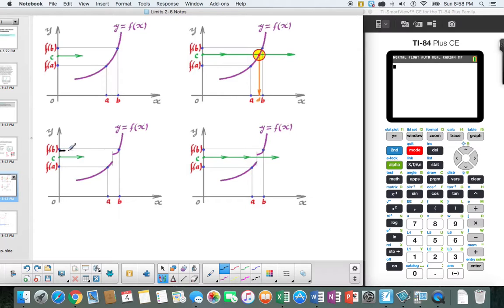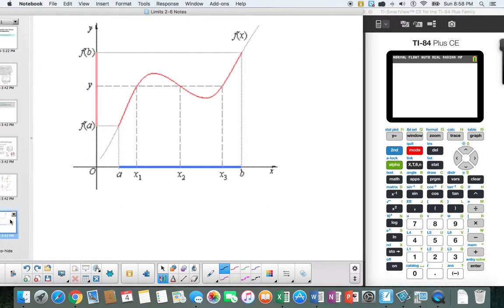Now if the c happened to be up here, it would occur. The theorem is an existence theorem which says if you meet these conditions, you'll always be able to find it. And in this case, depending on where c is, you may find it or you may not find it.